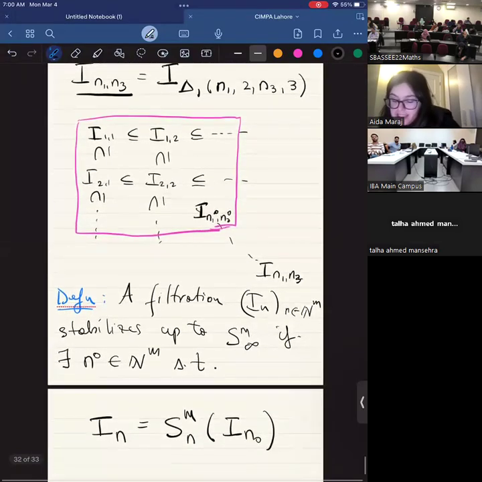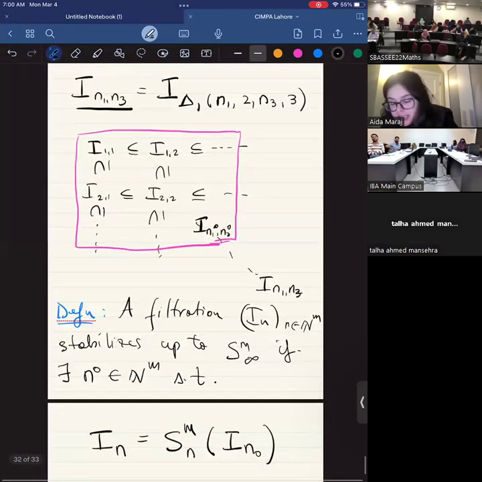It basically is saying that for large n's, we don't have any new generators that do not arrive by applying these permutations.